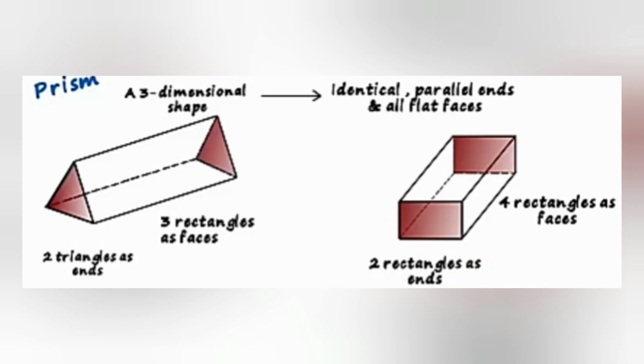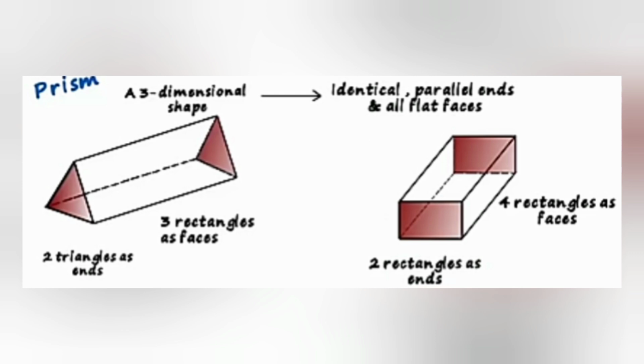Now let us discuss prisms with the help of figures. Look at these two figures. Here in the first figure, the bases are two triangles and the prism is connected with the help of rectangular blocks. While in the second figure, the identical bases are rectangles and these rectangles are connected with the help of other rectangular blocks.